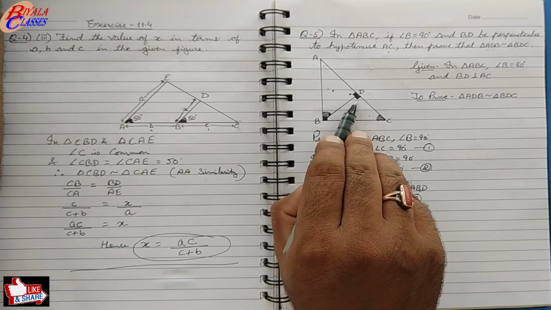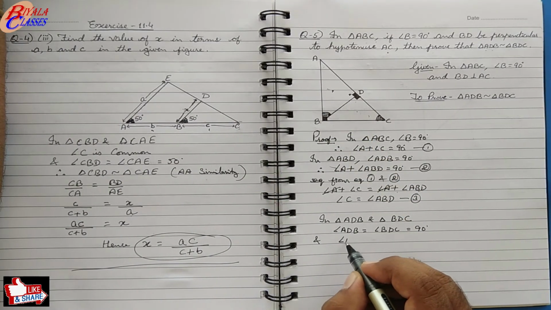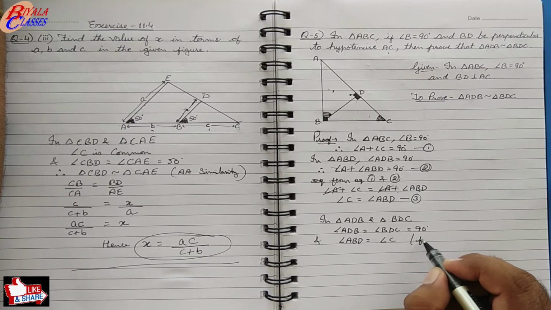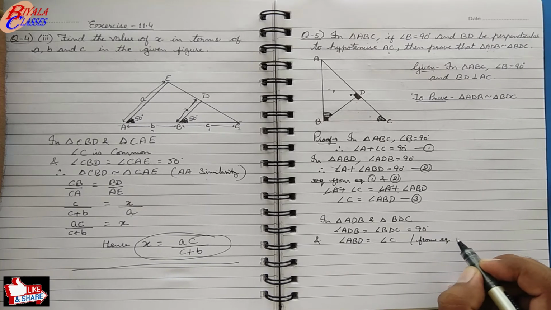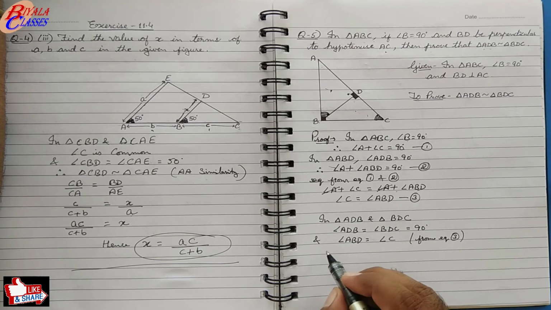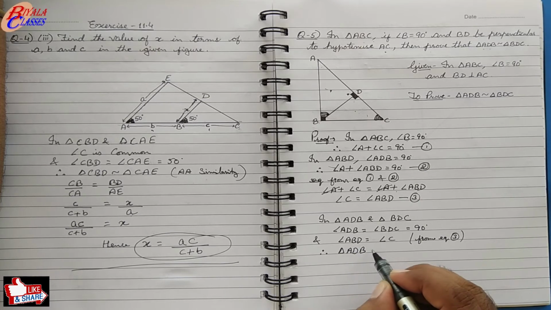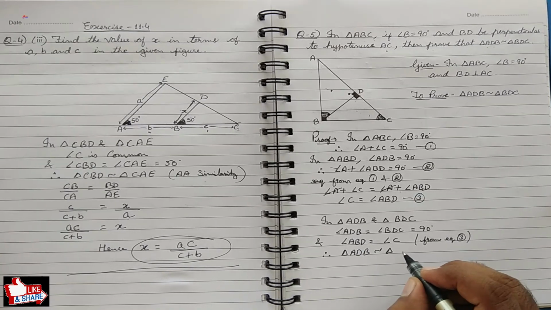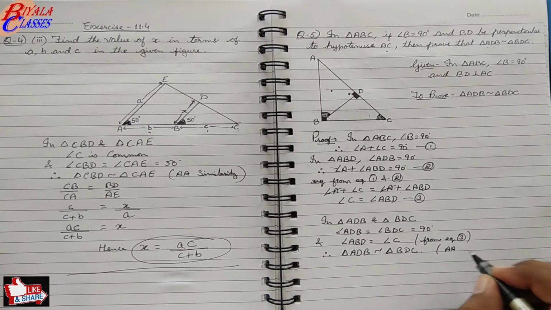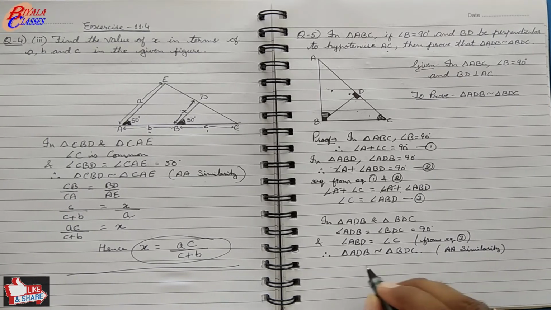This is ADB and this is BDC, both are 90 degrees, and angle ABD is equal to angle C. Thus you can say from equation 3, because we have proved here, now two angles are equal, therefore triangle ADB is similar to triangle BDC, and this is by AA similarity.